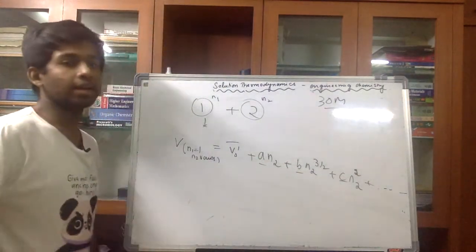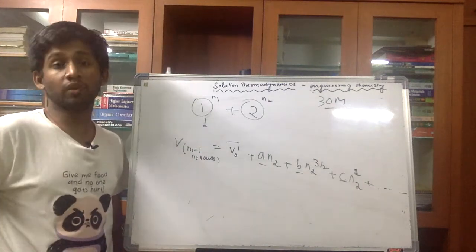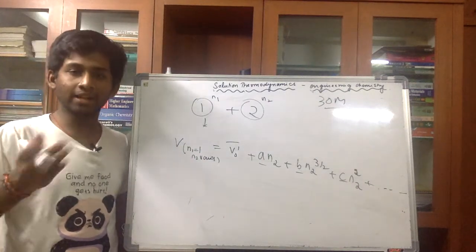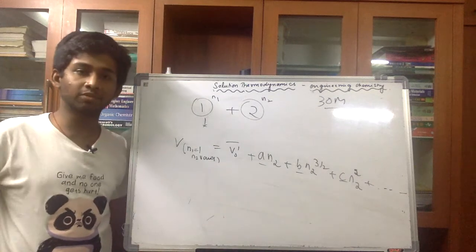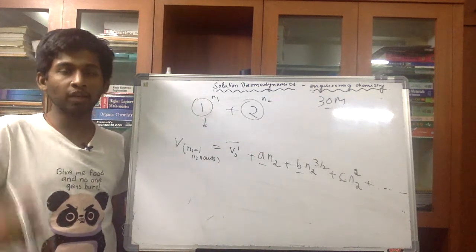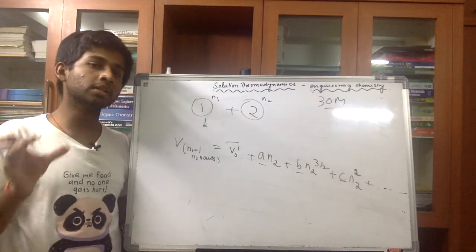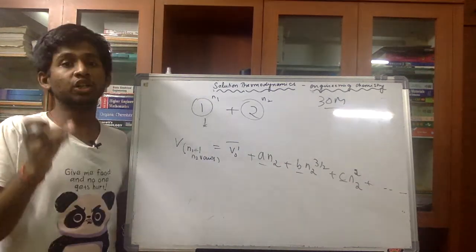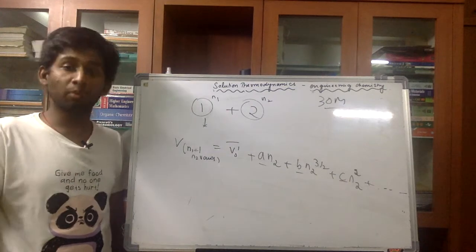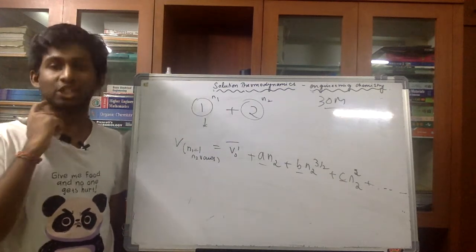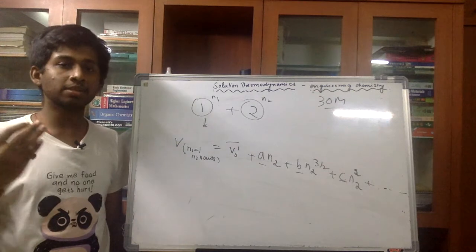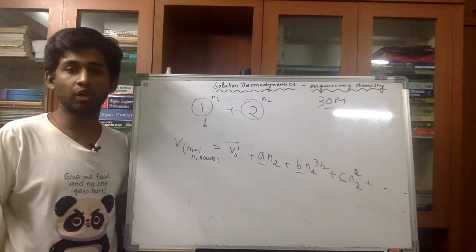A, B, C are similar to virial coefficients. Again, as I said, these are basics which I have not made videos on, but you would have learned them in your lower classes. Virial coefficients are certain coefficients which depend on your temperature and the amount of substance in the equation of state. When you go through the concepts regarding equation of state, you will have virial coefficients.